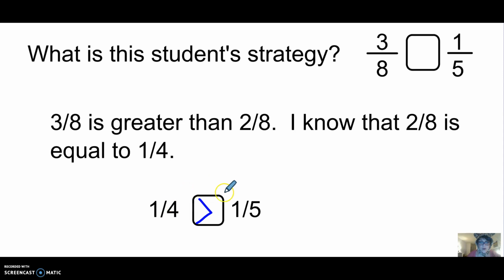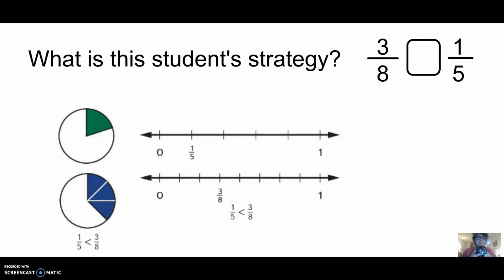And since 1/4 is equivalent to my 2/8, and 1/4 is bigger than 1/5, and I know that 3/8 is going to be even greater than my 2/8. So if that 1/4, which is equivalent to 2/8, is greater than 1/5, my 3/8 must also be greater than 1/5.